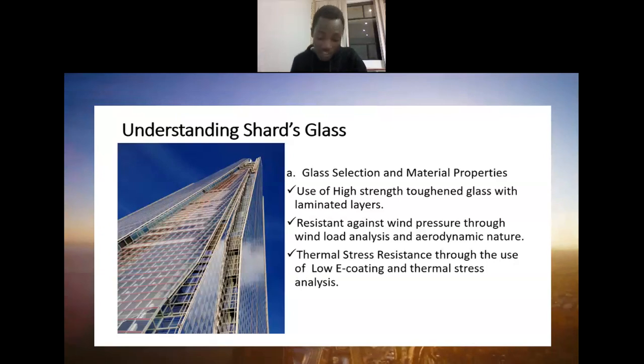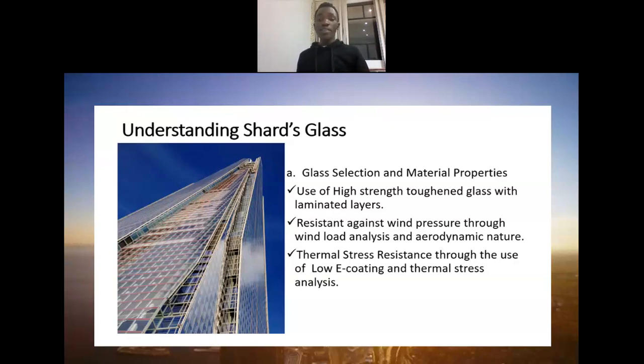This is important because tough glass materials help in withstanding heat, rapid cooling and contraction. They are stronger than regular glass, and they shatter into small pieces. The lamination adds more strength to the glass, especially during wind movement.